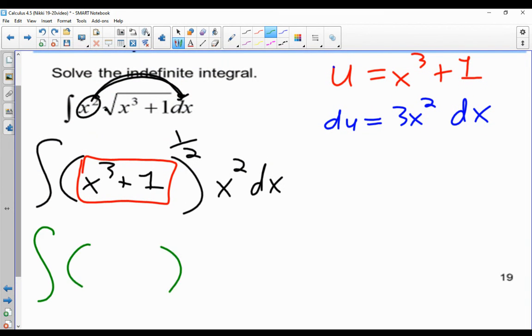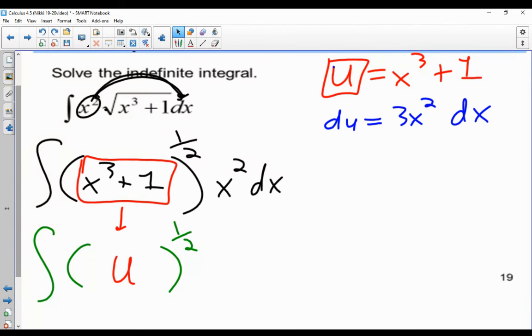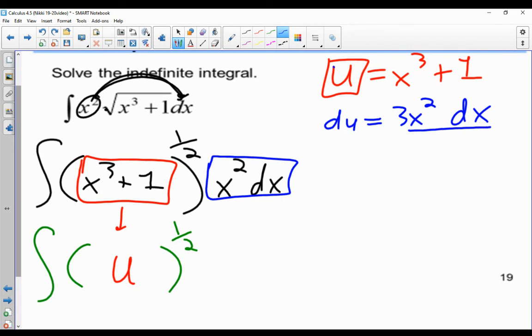So here I'm going to have the parentheses to the 1/2, but instead of x cubed plus 1, I'm going to replace it with a u. So u to the 1/2. And then I need something here to replace x squared dx. Here I have x squared dx, but I have the 3 here. Probably similar to how I divided by 2 in the previous examples, I'm going to divide by 3 this time to both sides.